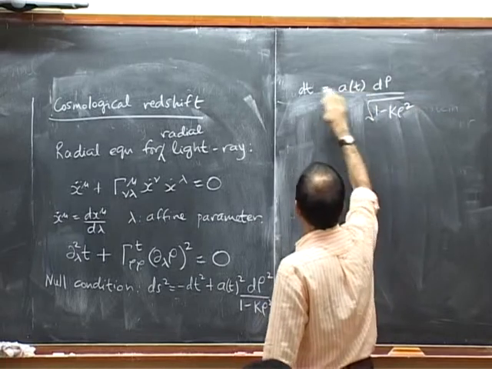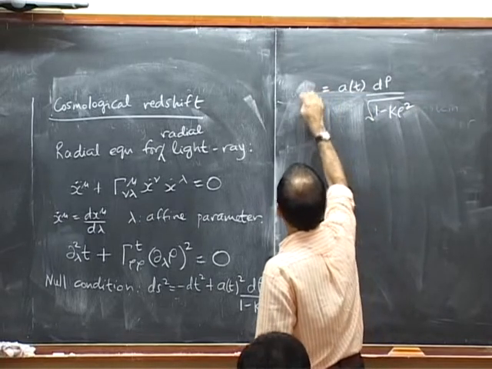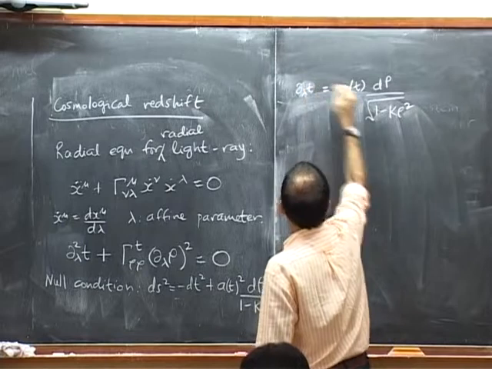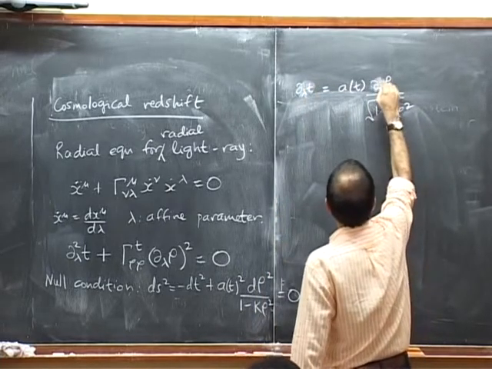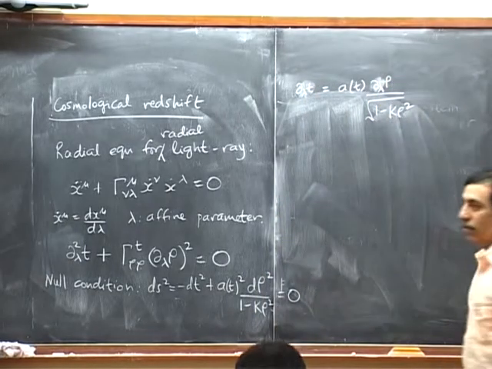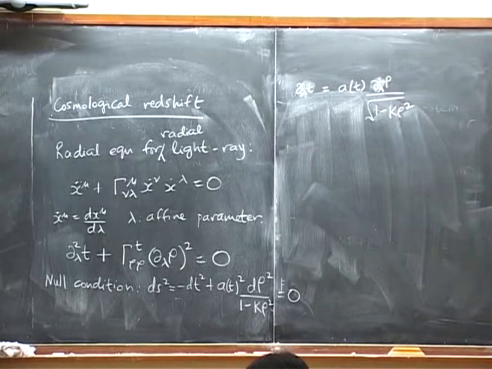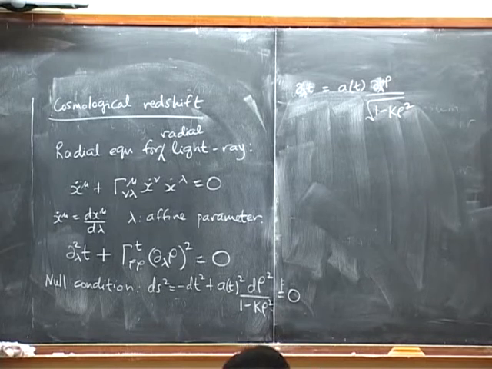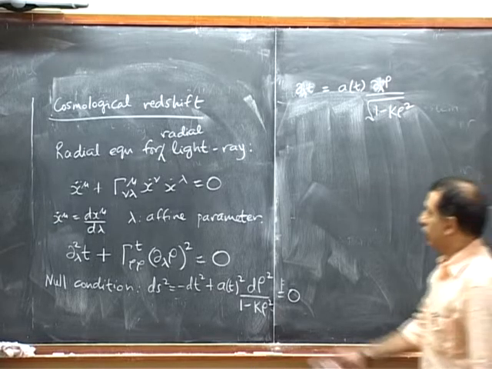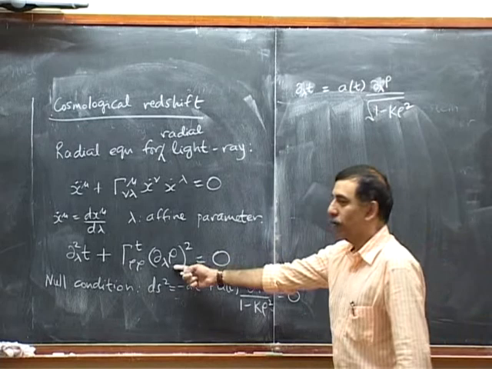So I can divide by d lambda, my affine parameter, on both sides, and I get del lambda t is del by del lambda of rho over this. So this is one relation between the lambda dependence of t and rho. Now I can use that to eliminate del lambda rho from this equation.